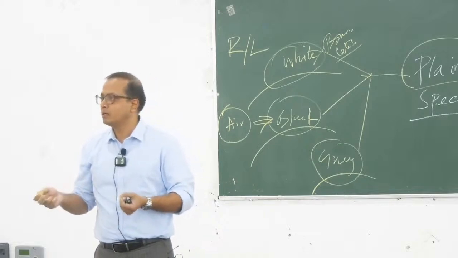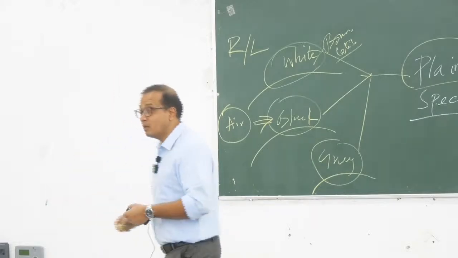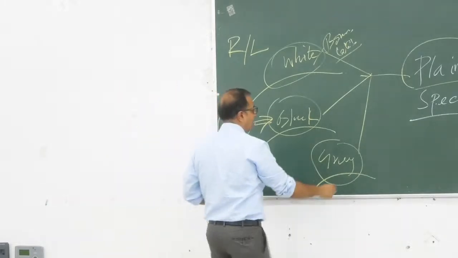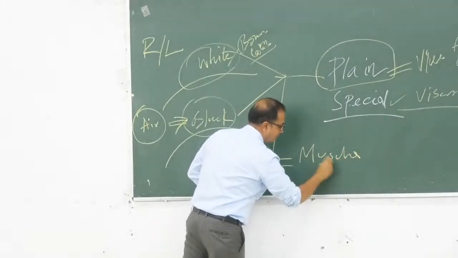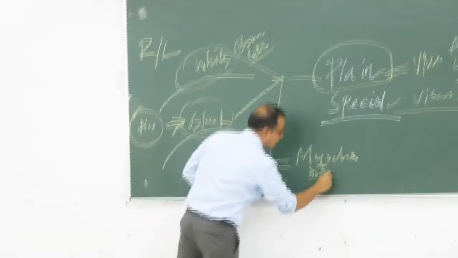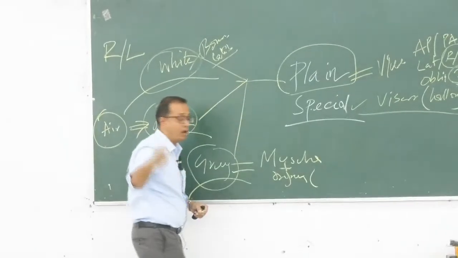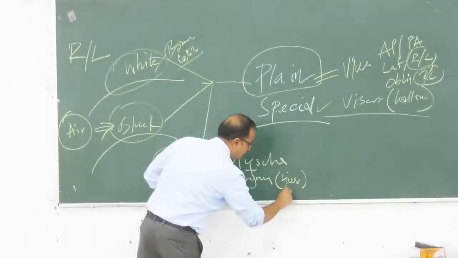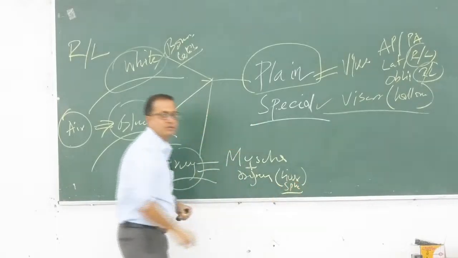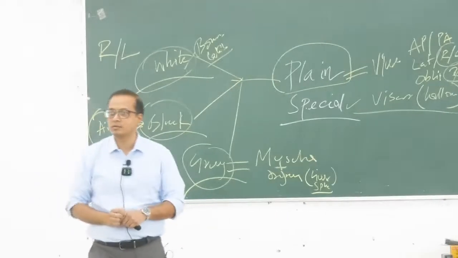They have parenchyma tissues. So the musculoskeletal structures take the gray shadow. So the muscles plus organs which do not have air, for example liver, spleen, etc., take the gray shadows.